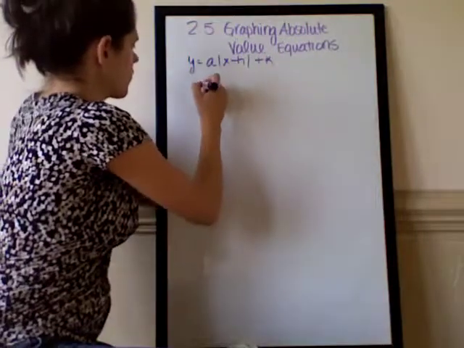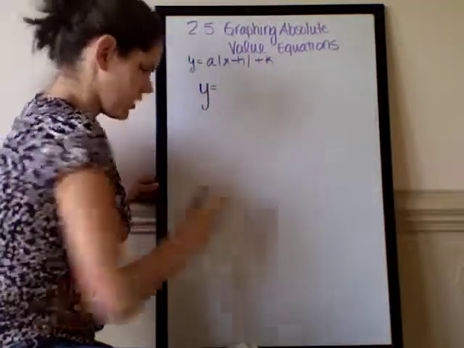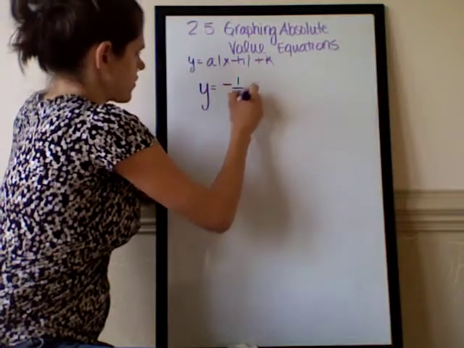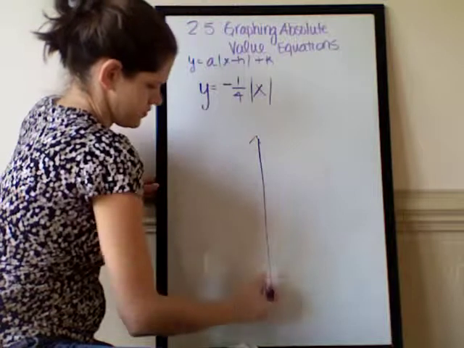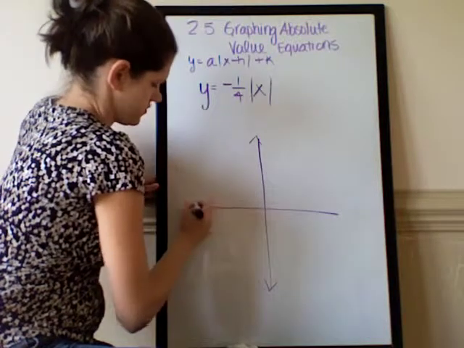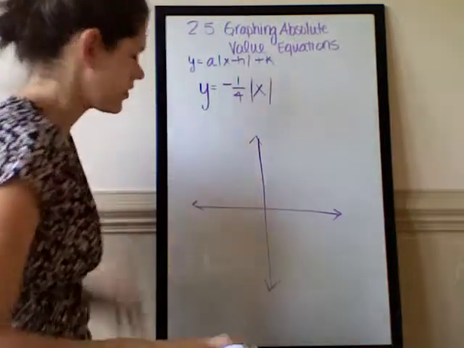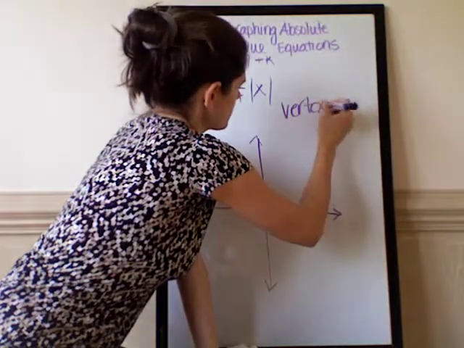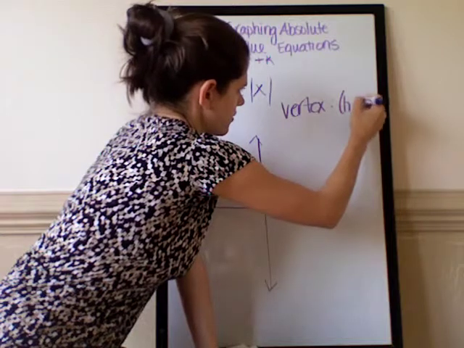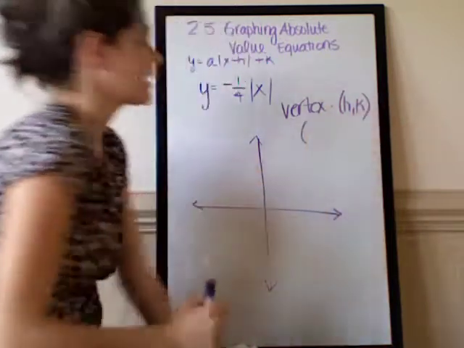Alright, next one. Y equals negative 1/4 absolute value of x. Okay. Vertex is HK. What's my h in this one?